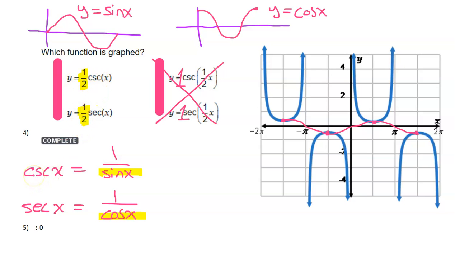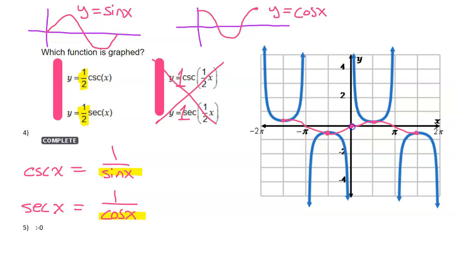Remember, cosecant comes from a sine graph, and secant comes from a cosine graph. So if this is a cosine graph, I'm going to pick secant. If this is a sine graph, I'm going to pick cosecant. So which is it? Well, look right at the origin.